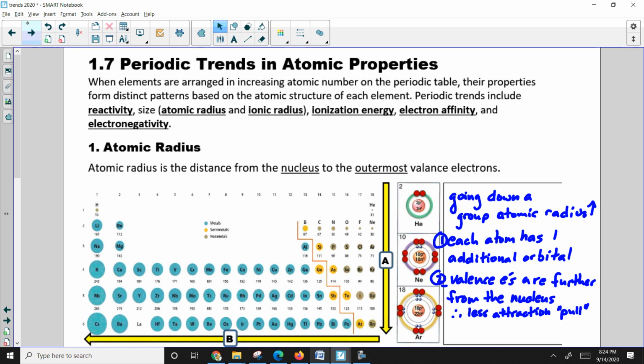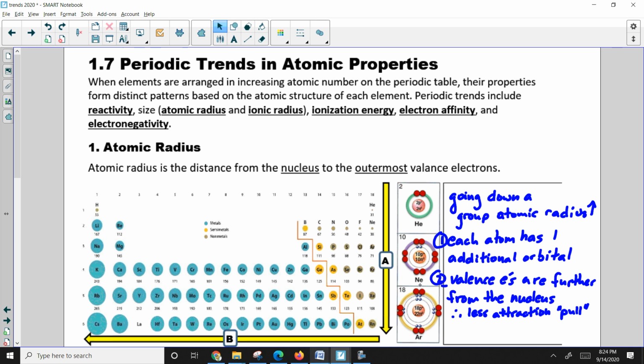So as I'm going down from helium all the way down to radon and now oganesson in the new periodic table, what happens is the size of the atoms gets larger. Why? Well, one pretty obvious thing is that as you're going down, you're going to have more and more orbitals.